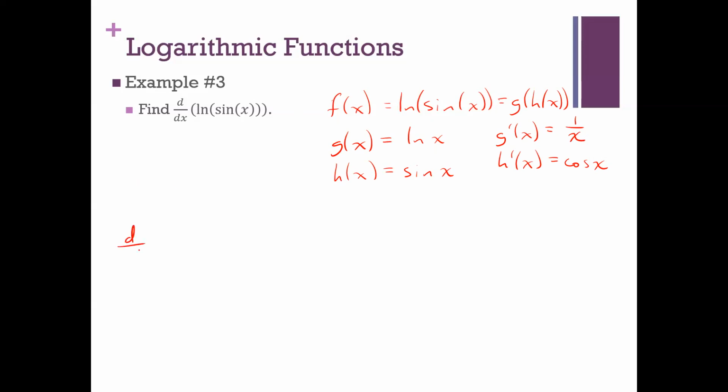So then if I want to differentiate this entire function, what is this going to become? 1 over sine of x times cosine of x equals cosine of x over sine of x.